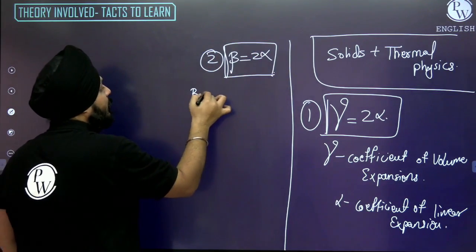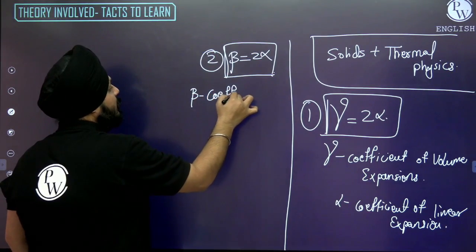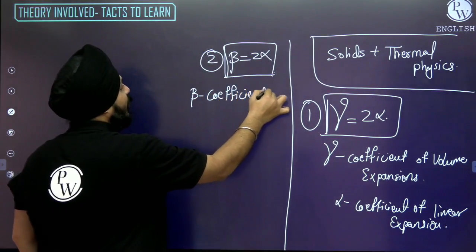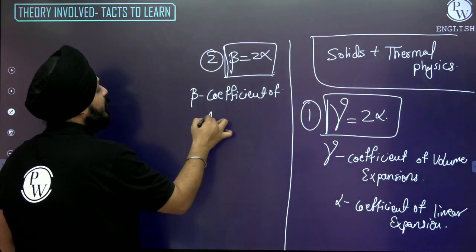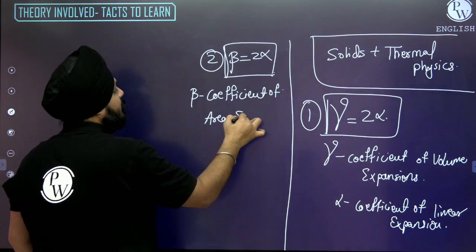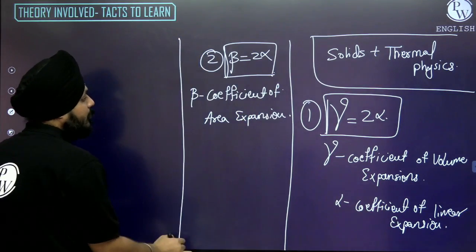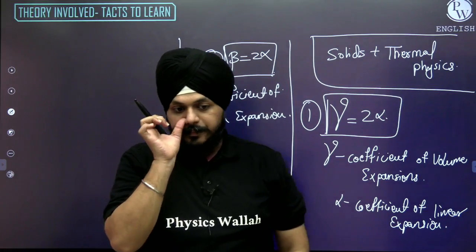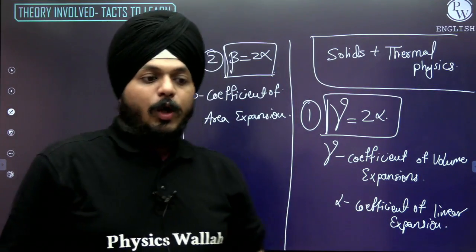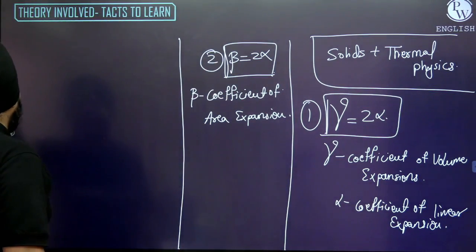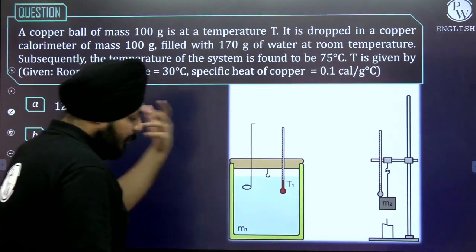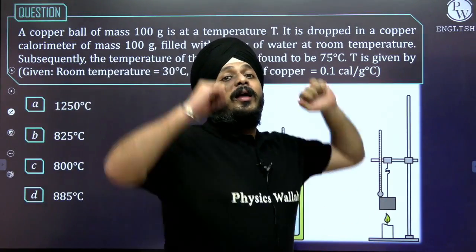Beta is coefficient of area expansion. Hope this concept is completely clear to all of you, and moving forward to the next question.